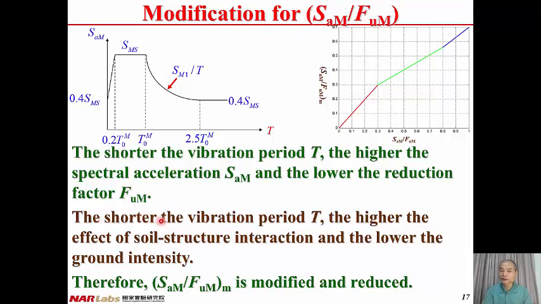And the shorter the vibration period T, the higher the effect of soil structure interaction. Therefore, it will lower the ground intensity. Therefore, when SAM divided by FUM is high, modification and reduction is necessary.